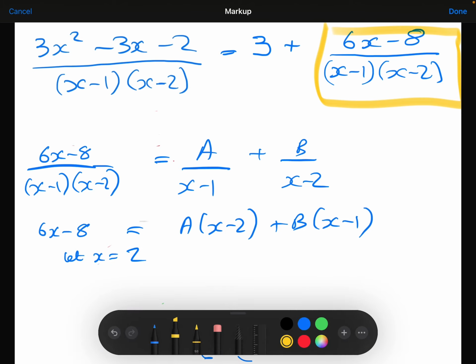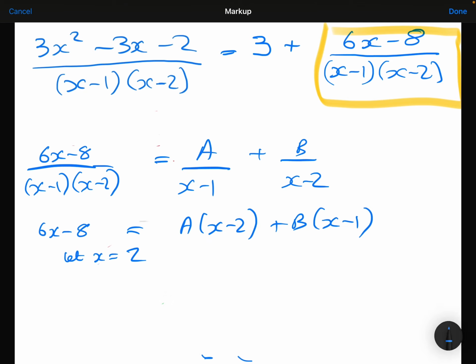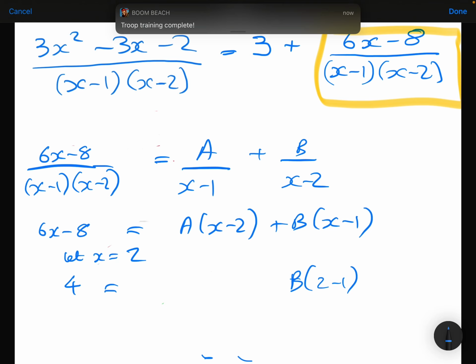That way this will be 0 and I don't need to worry about the a term. So 6 times 2 minus 8 would be 4. Then I would have b times 2 minus 1. So I've figured out here that b must be 4.